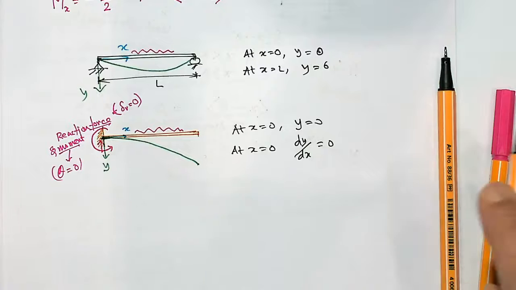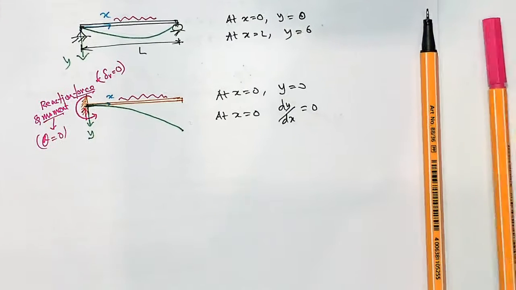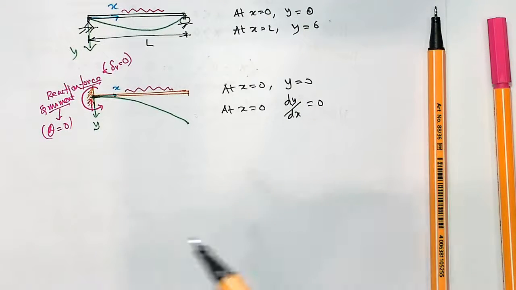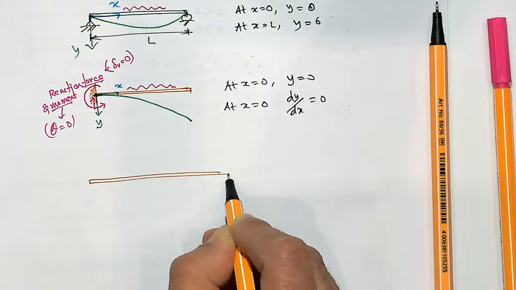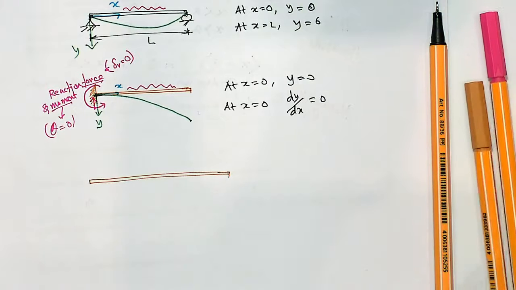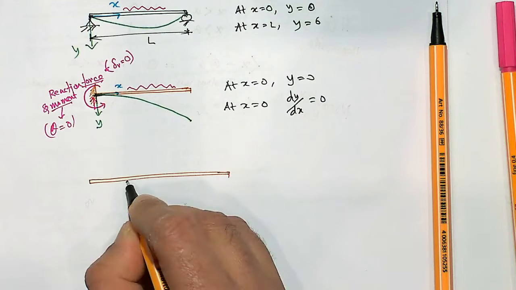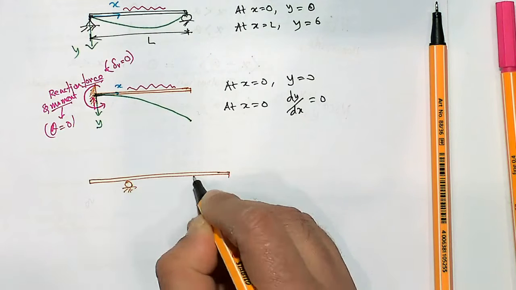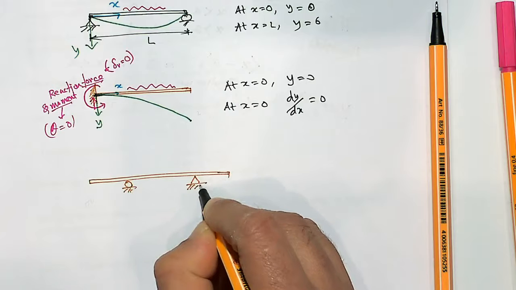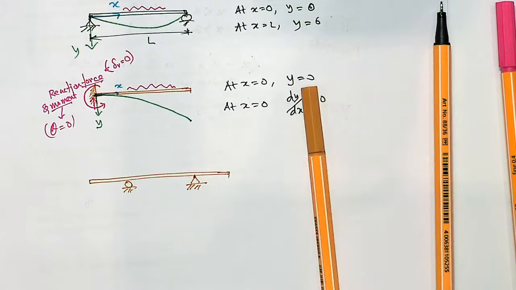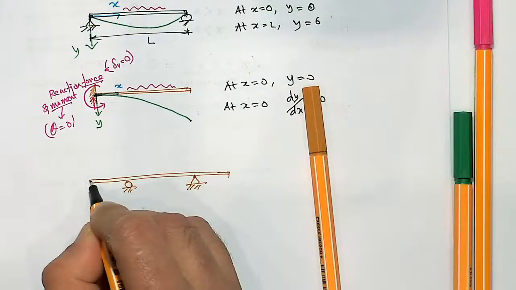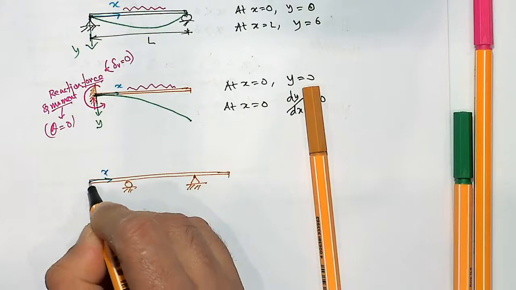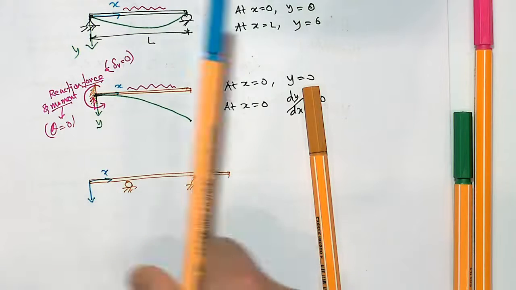Okay. Now, if you have a different problem, let's say I have got something like this, and let's say you start x from this point and y along that direction.